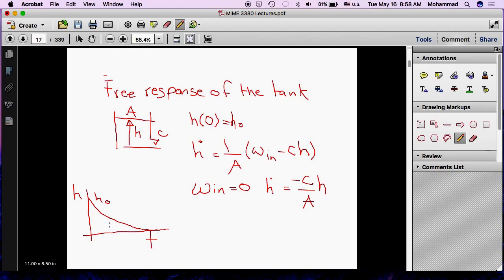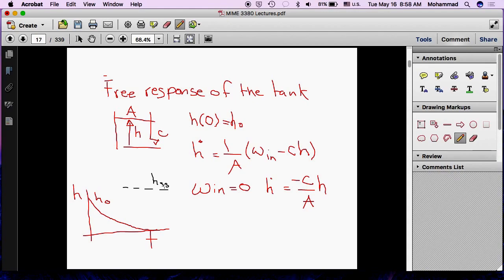Now, if we look at the forced response, we already know if we apply a constant level of fluid, it will gradually go up and settle at a value. So if you combine the two responses, let's say for a given value of Wn, this is H steady state. And let's further assume that the initial condition is exactly the same.